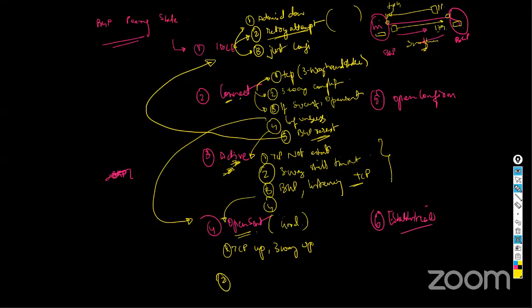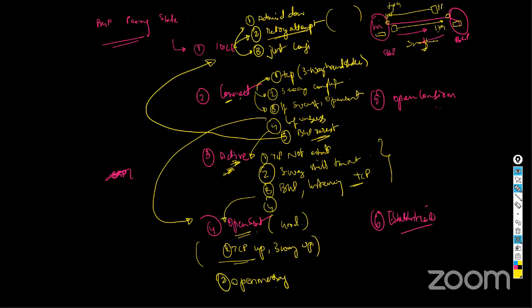Maybe you are expecting the other side router to send you the open message. You just completed the TCP step. TCP is not a BGP packet. It's the mandatory step before you send the BGP packet or an update packet, right? In open sent, you have TCP up and the three-way handshake completed, and you're waiting for the open message from your peer router.